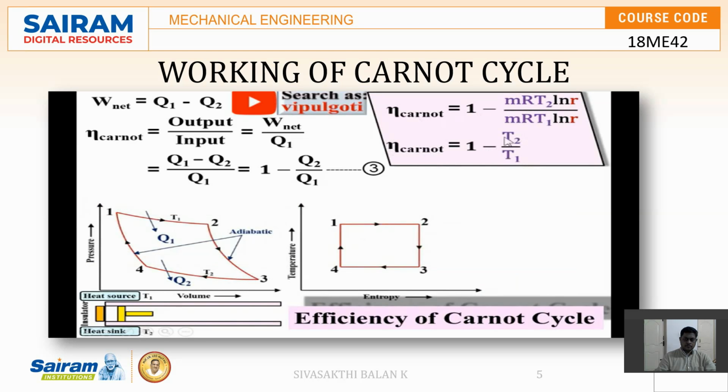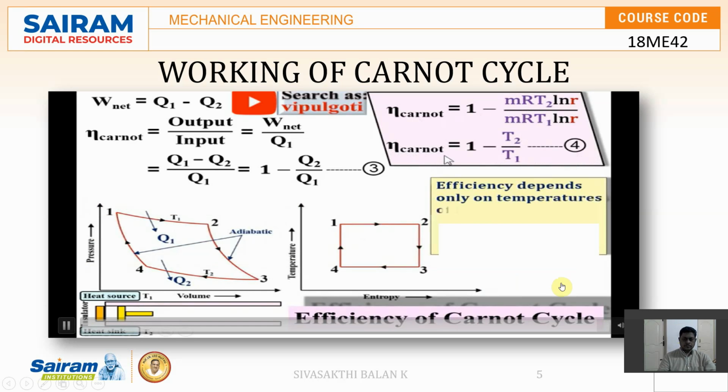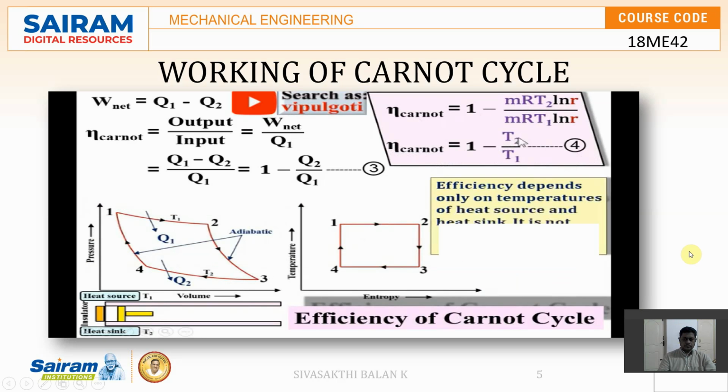Let's say it is equation number 4. From equation number 4 you can conclude that the efficiency of the Carnot cycle depends only on the temperatures T2 and T1, that means the temperatures of the heat source and heat sink only. It does not depend on the working fluid.